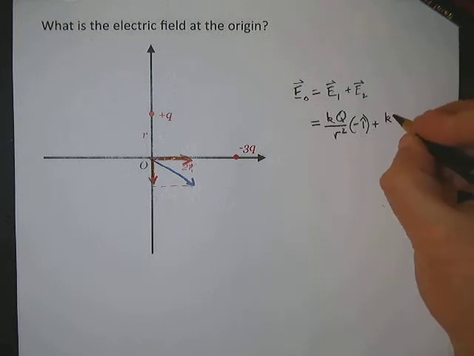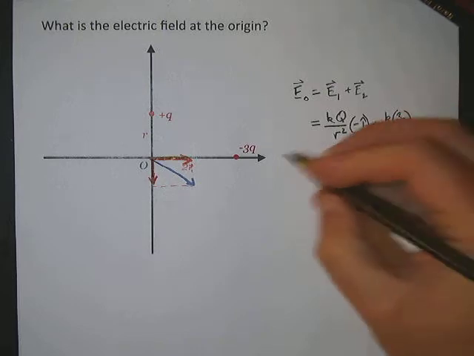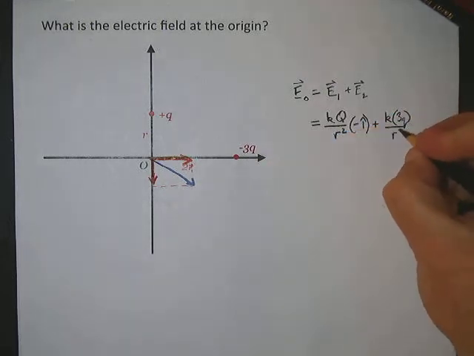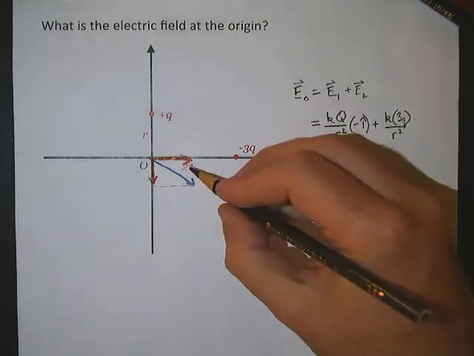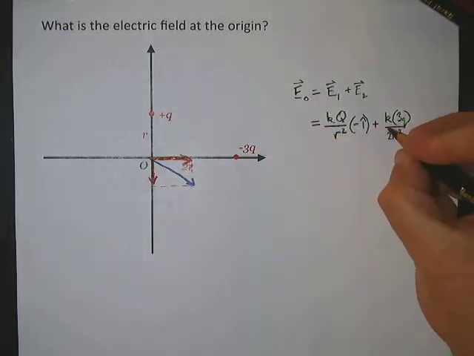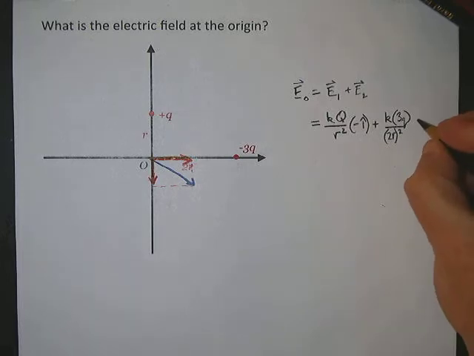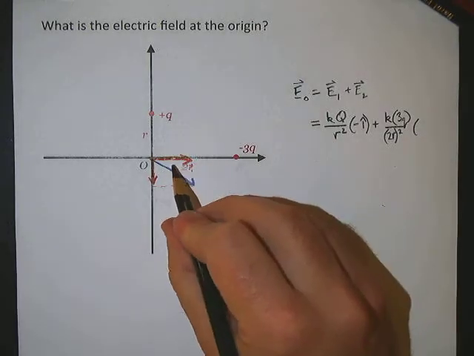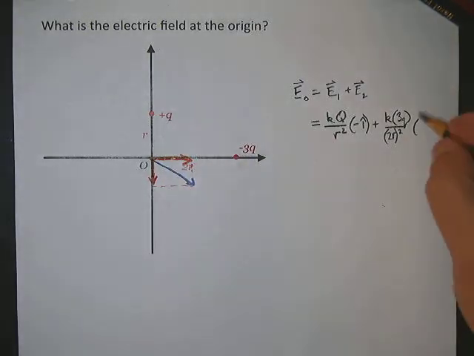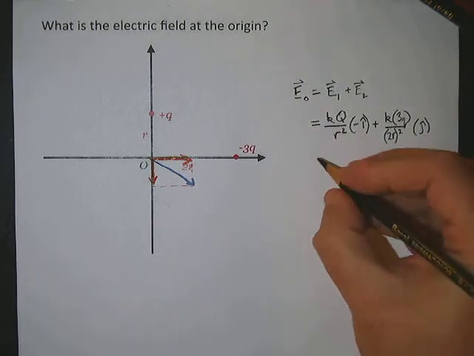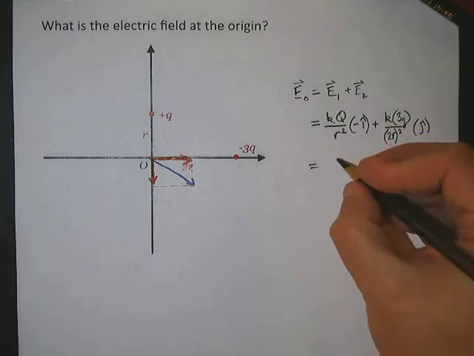I'm going to add to that k, and I'm only going to use the magnitude of this charge here. The distance is 2r, so I'm actually going to be squaring 2r. And because the electric field always points towards a negative charge, this will be j hat.